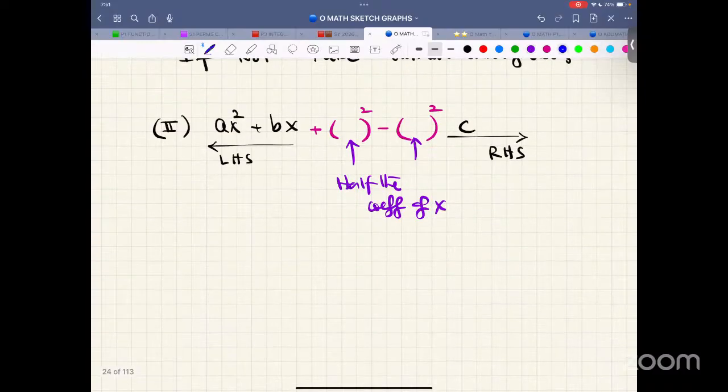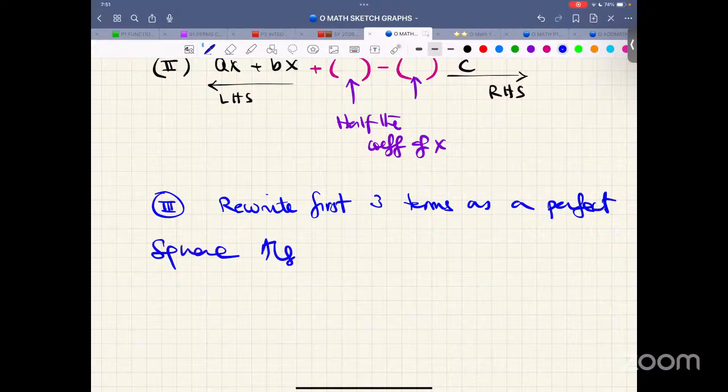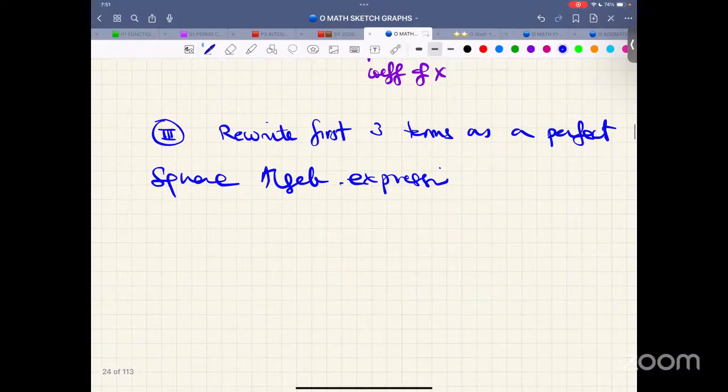And then the third step, rewrite first three terms as a perfect square algebraic expression and simplify the rest.